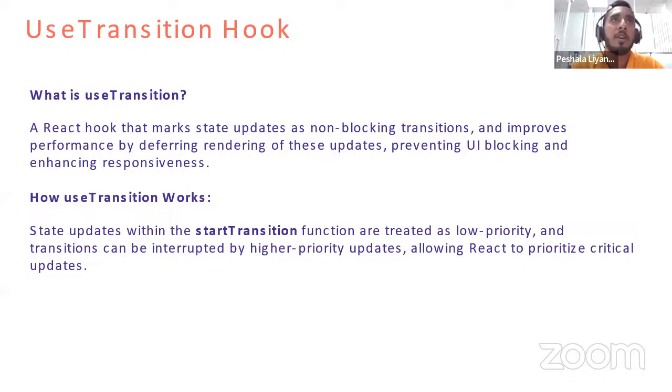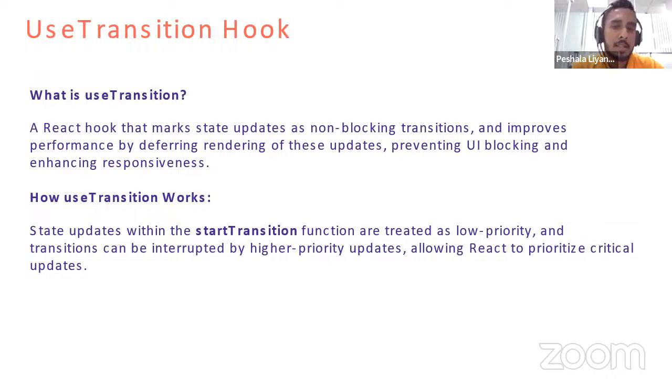The other benefit of using the useTransition hook is that it's a low priority update. When it comes to useTransition, React itself treats it as low priority, and a transition can only be interrupted by a high priority update, for example an update from a parent level.